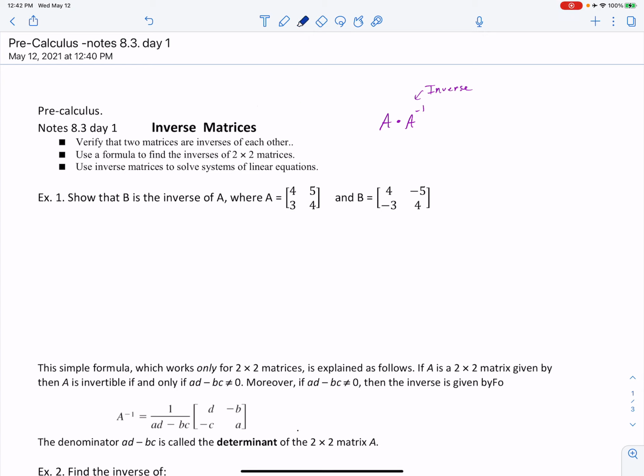So when you multiply a matrix times its inverse, you get what is called the identity matrix.